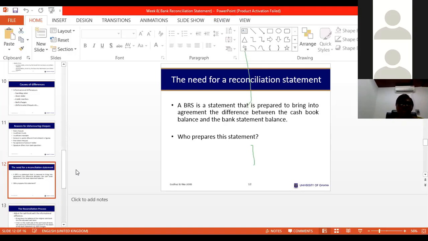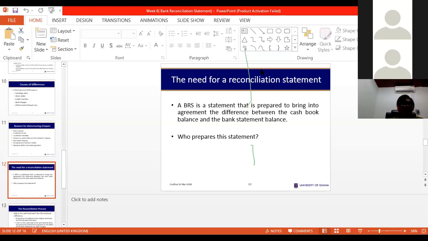And the question is, who can tell us why we need to do the reconciliation on a regular basis? Why do we need to reconcile the bank statement balance and the cash book balance?